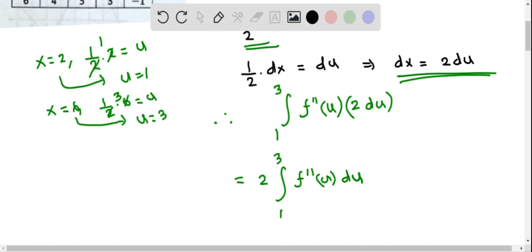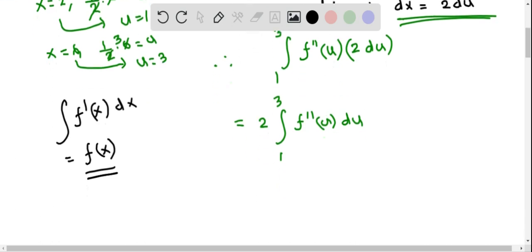Now we can integrate this by a conceptual method. If we have a function whose derivative is f prime of x, and we find the antiderivative, it is equivalent to the original function f of x. That is, if you find the integral of f prime of x, we get f of x.